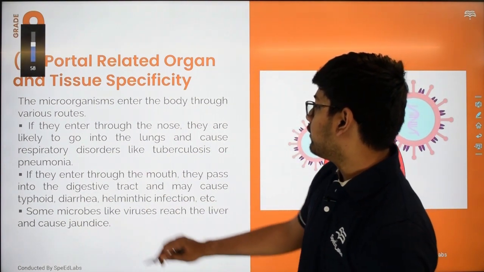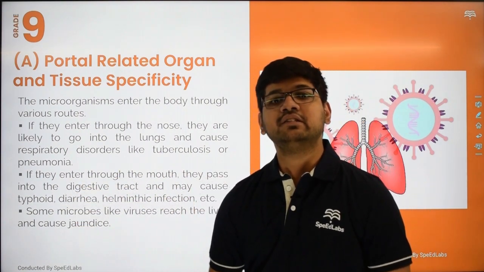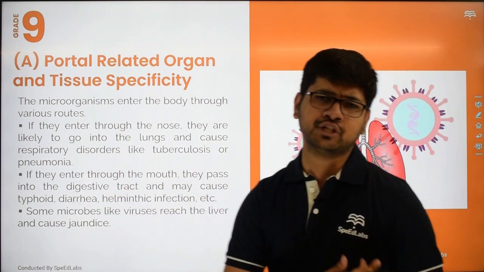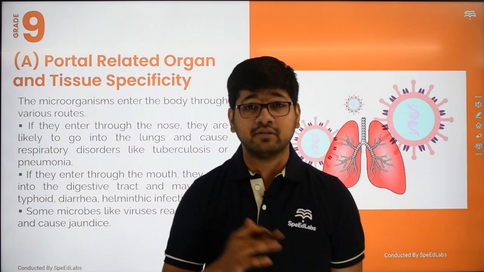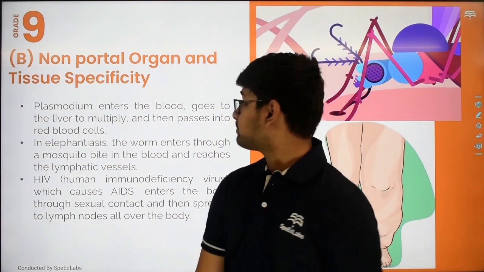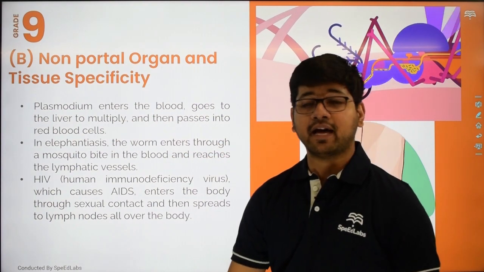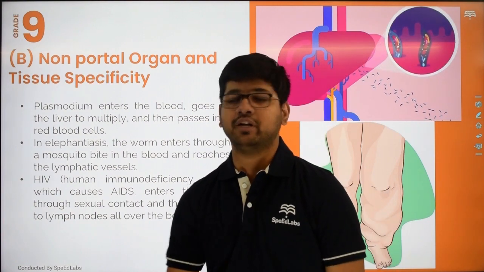All right. If they enter through the mouth, they pass through the digestive tract and may cause diseases related to the digestive tract, that is typhoid, diarrhea, helminthic infection, etc. Some microbes like viruses reach the liver and cause jaundice. Plasmodium enters blood, goes to the liver, multiplies and passes into the red blood cells or our main circulatory system.